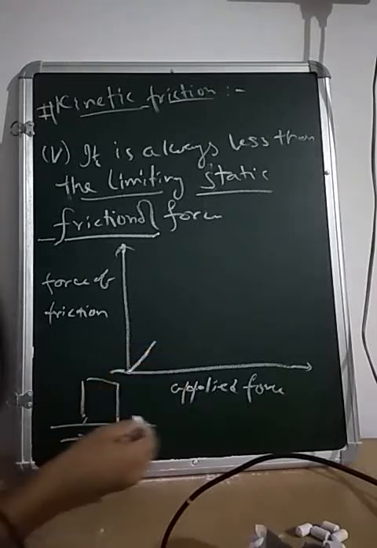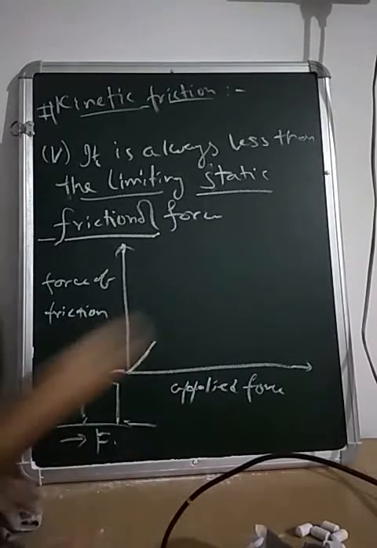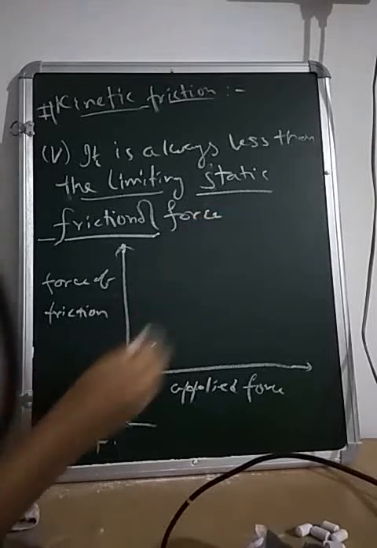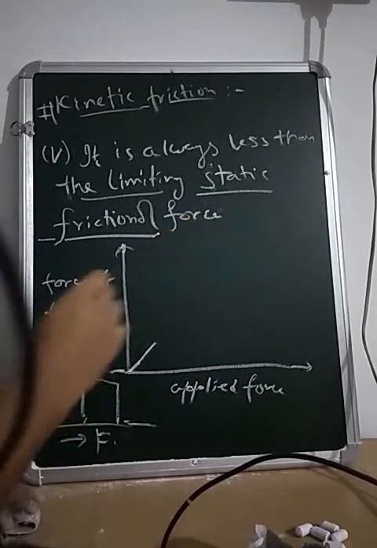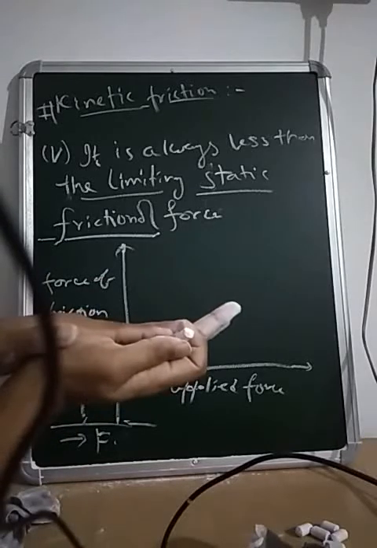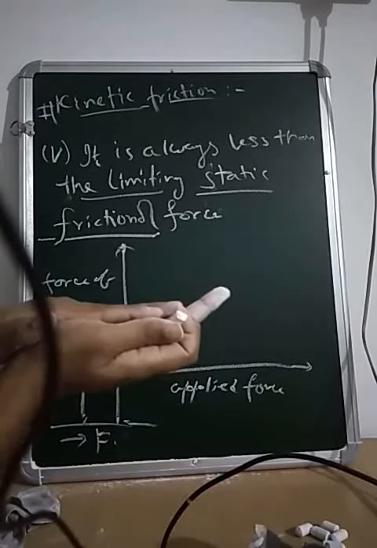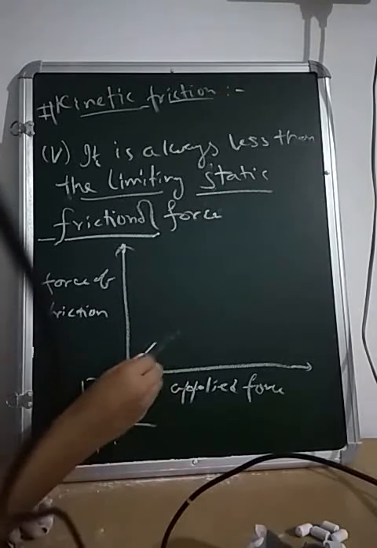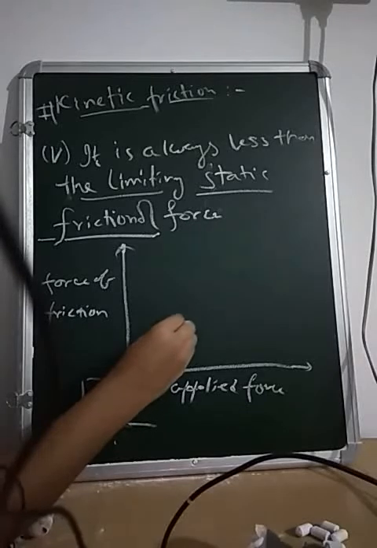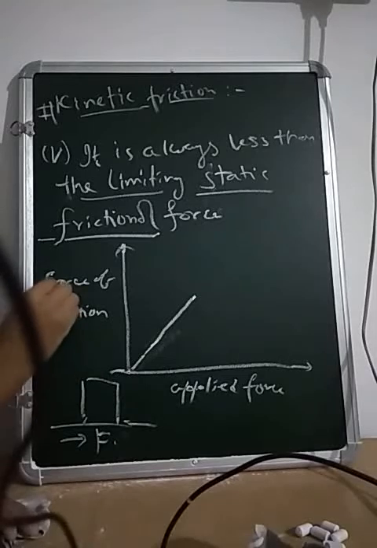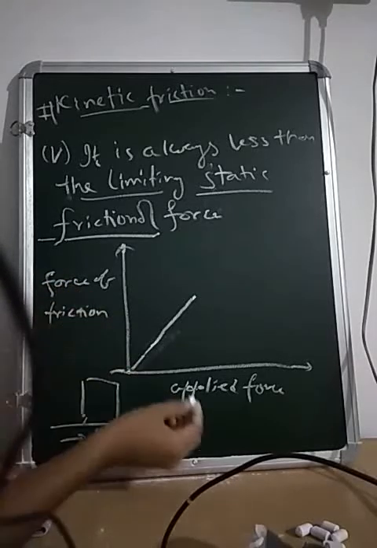In the earlier case, I mentioned that the static friction force depends upon the applied force. After a certain point, the body starts sliding. Up to that limiting value of static friction, the force of friction is equal to the applied force.